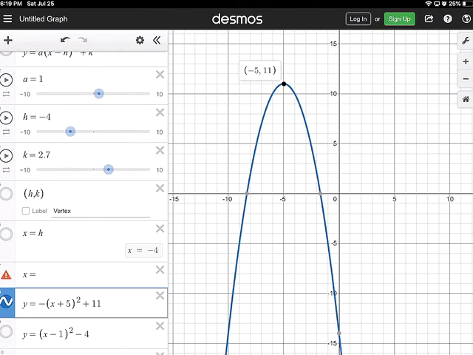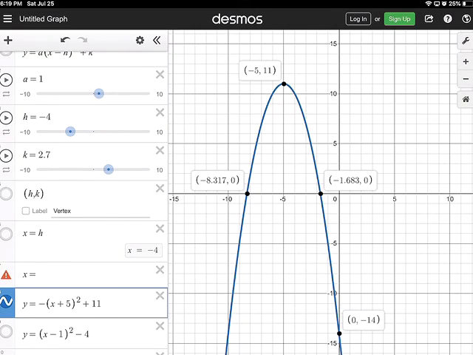And that vertex is going to be a maximum. I'm going to have a y-intercept of negative 14. So a y-intercept is just 0 as the x value. We could put 0 in place of x to find the associated y value for our y-intercept. And some places they're going to have you also, these other dots that came up are the x-intercepts. Those are sometimes called zeros or roots.